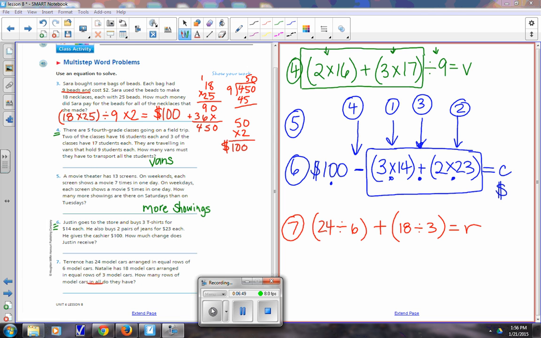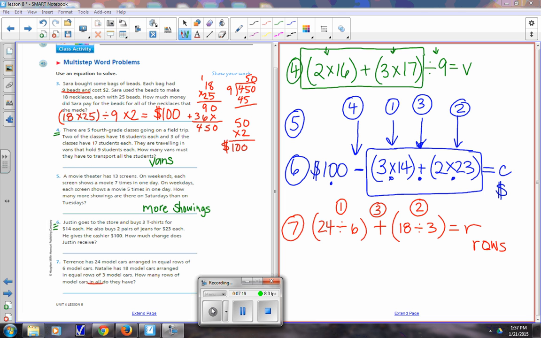How many rows in all? So step 1, step 2, step 3, and your answer should be rows. R is your variable. So I kind of helped you with that one. And I'm hoping that you see it's just one equation at a time. And you have to ultimately know what you're trying to figure out.